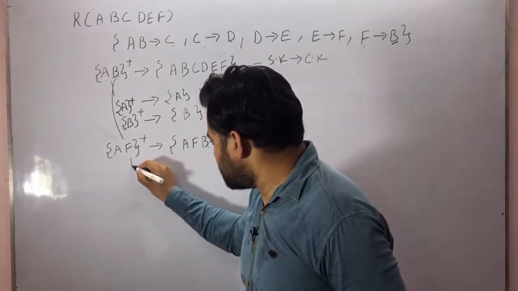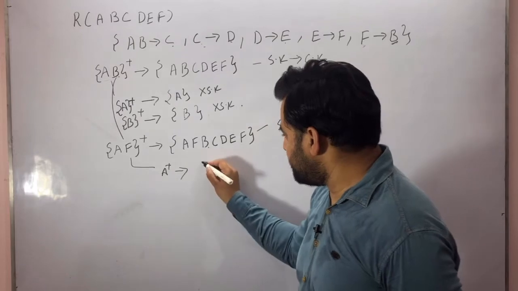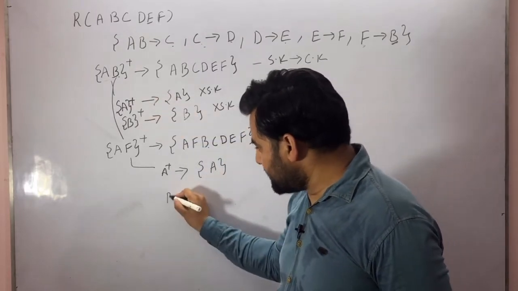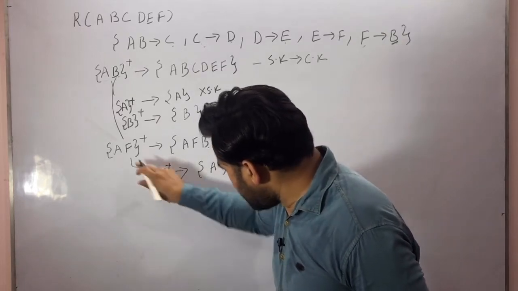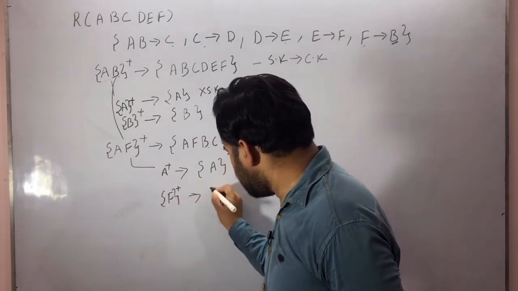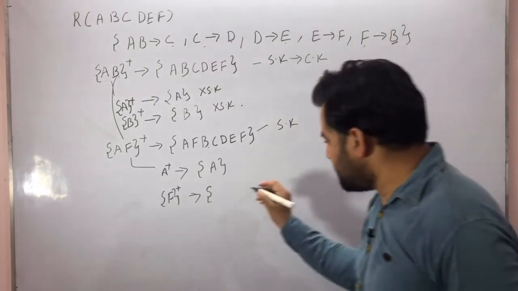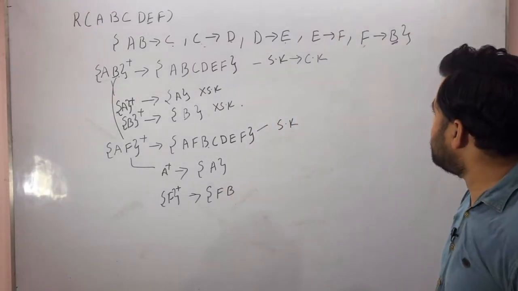So we'll take the closure of A. What is the closure of A? We'll get A, as we found earlier. We'll take the closure of B, and we'll take the closure of F. So what is the closure of F? From F I'm getting B, so F and B, and from B am I getting anything else?